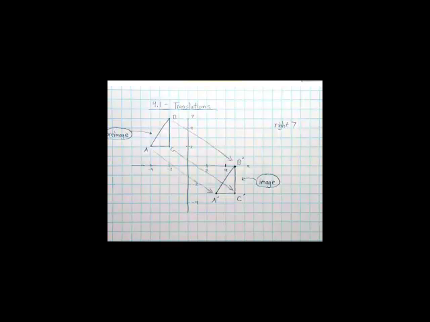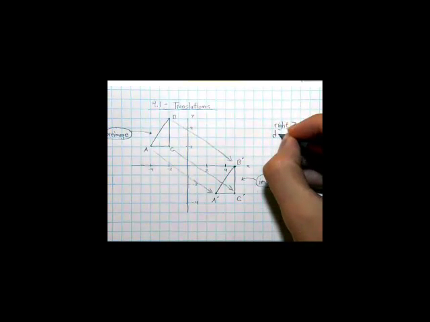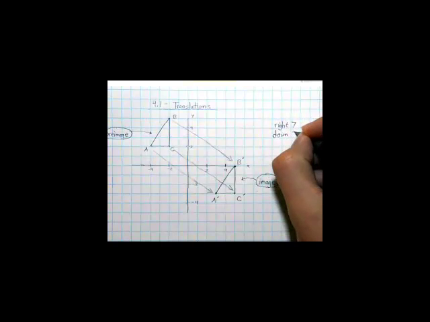Somebody else. Jason? Down 1, 2, 3, 4, 5. Yeah, down 5. Okay, so sometimes it just gets written like that. Right 7, down 5. That's how we translated it.